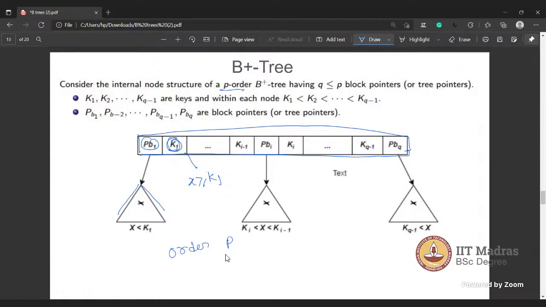If the order is equal to p, then the maximum number of block pointers will be equal to p, and the maximum number of keys will be p minus 1. First I'll see the minimum numbers.